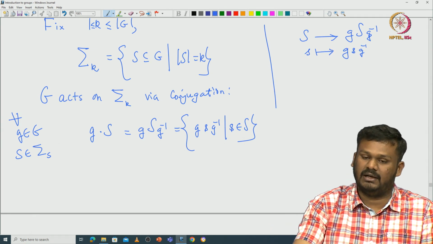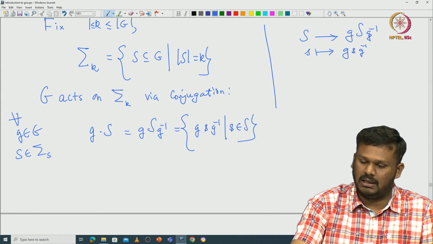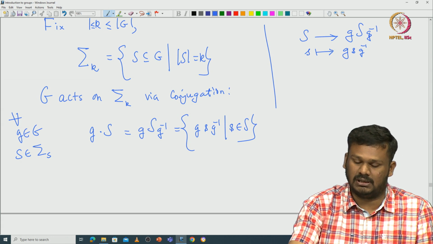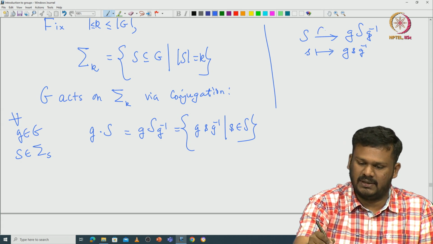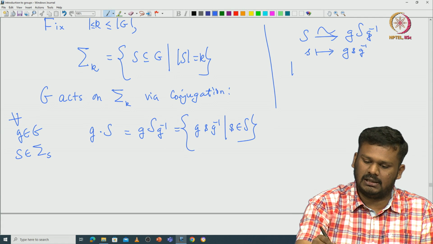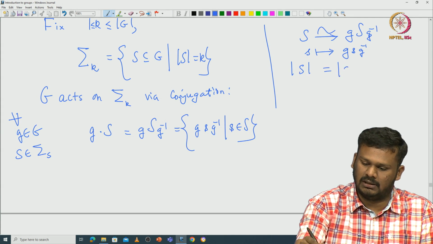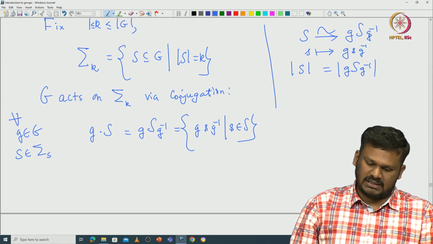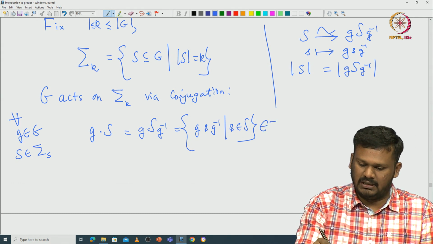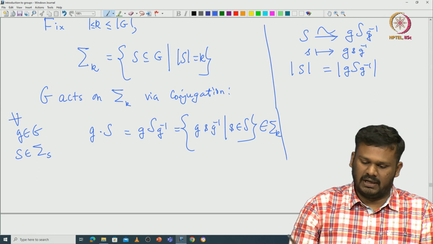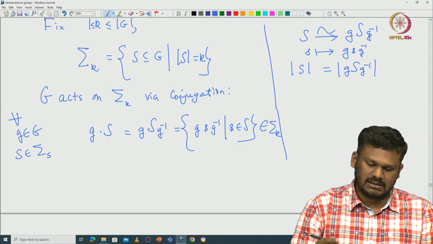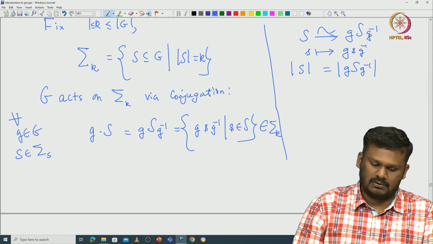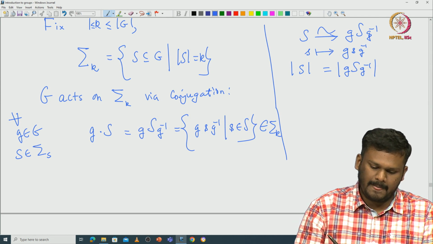By definition this is a surjective map, and it is also injective because we have left cancellation and right cancellation in G. So this is a bijective correspondence. In particular, the cardinality of S is the same as the cardinality of g S g inverse. That says this is again an element of sigma K. I will leave it to you to check that this indeed defines an action of G on sigma K.